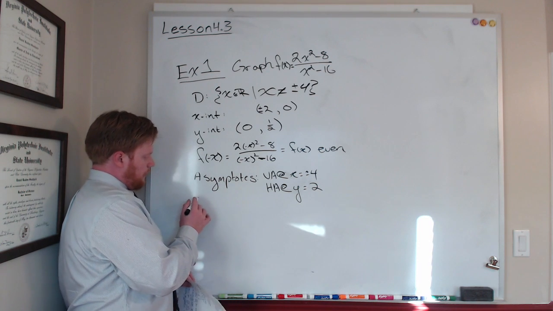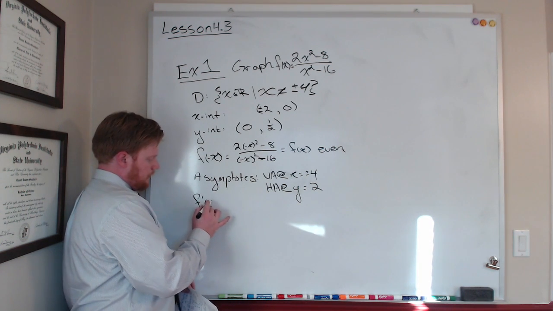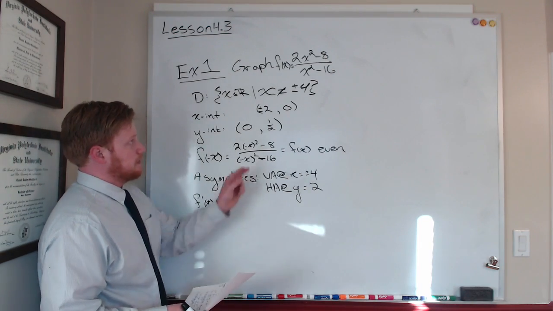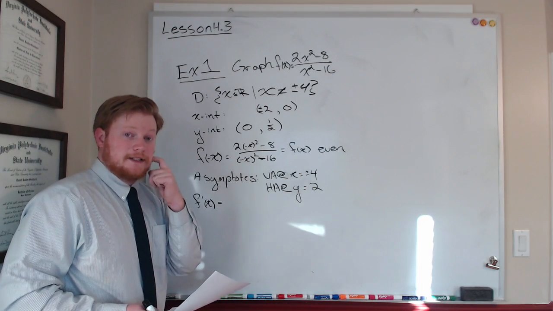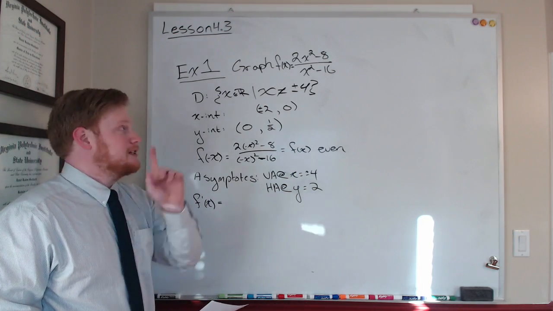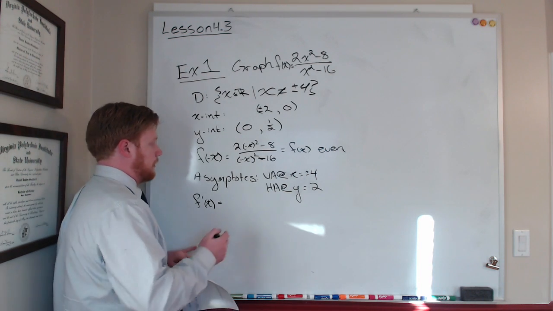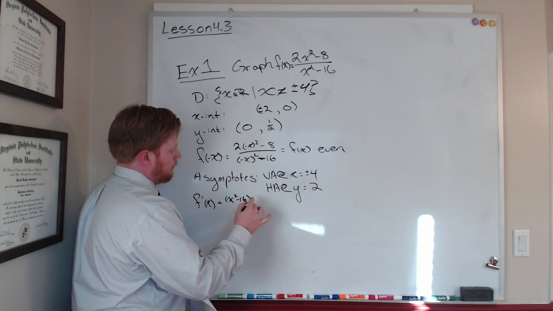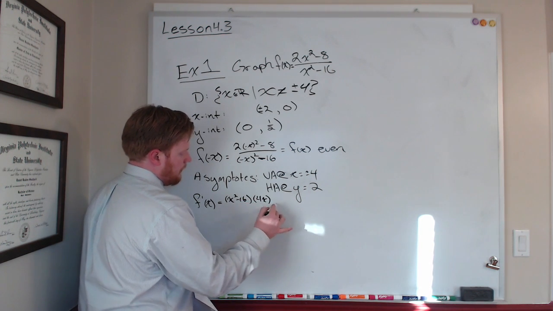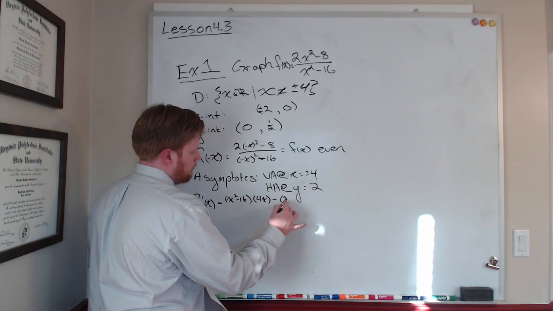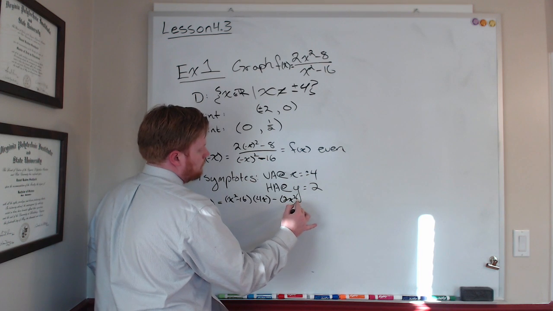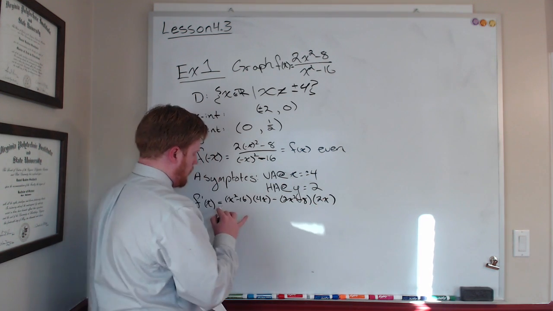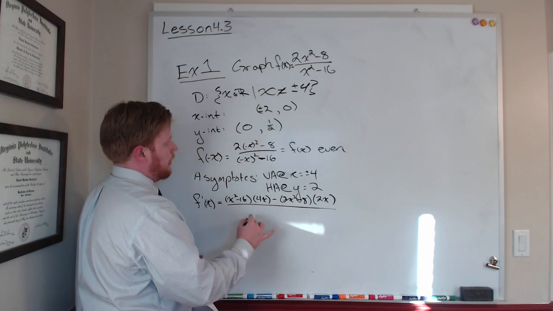All right, now we want to go into first and second derivative tests. This is when things will start to get a little bit messy, because to do the first derivative here, this isn't L'Hopital's rule. I actually have to do the quotient rule. Okay? So bottom times the derivative of the top minus the top times the derivative of the bottom, all over the bottom squared.